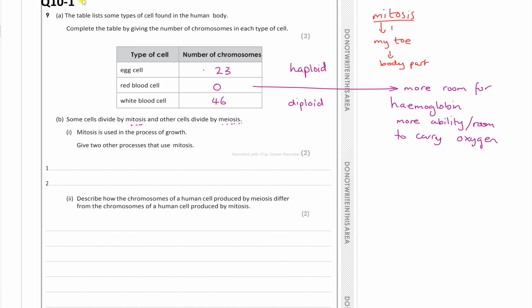So this is for body cells. The other one is meiosis, and that will be for sex cells, or they call them gametes. And these are somatic cells, body cells.